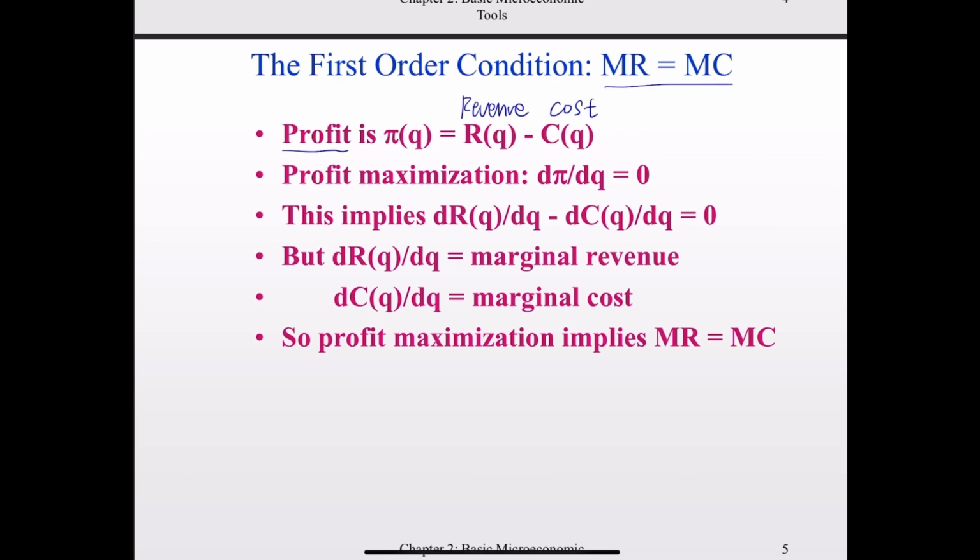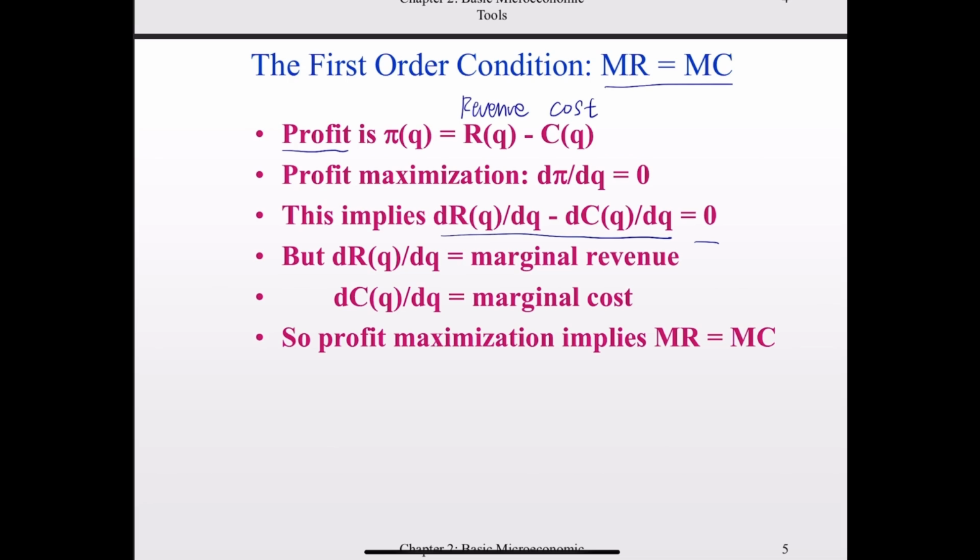In order to find the maximum profit, we need to find the point where an increase in quantity no longer increases profit. In calculus terms, this is where the derivative of profit with respect to quantity equals 0.